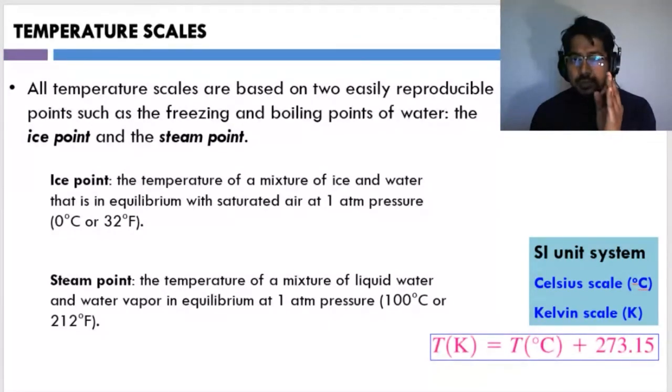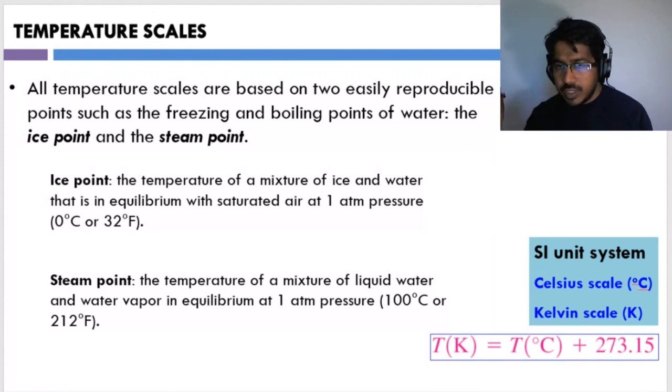So at ice point, the Fahrenheit reading is 32. At steam point, it is 212. And between these 2 points, we have 180 equal divisions. So these are just agreements that we make. We'll divide the scale into this many divisions so that somebody else can tell, okay, this is the temperature that we all understand.